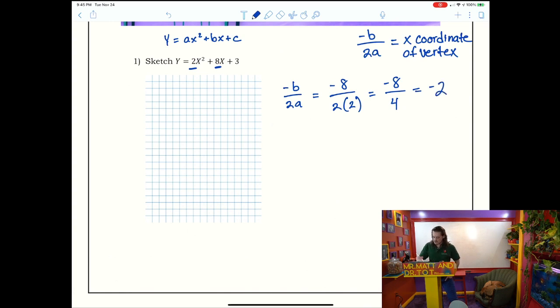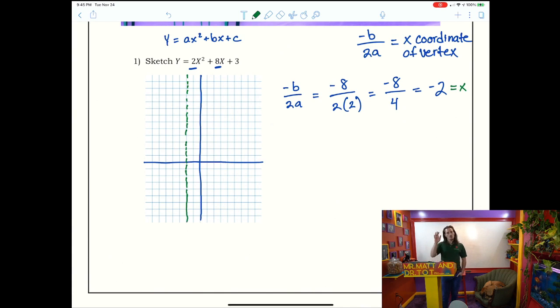So if I go ahead and draw in an x and a y axis here, what this is telling me is that x is equal to negative 2 is the axis of symmetry, of which the whole parabola will be symmetrical around, or will mirror around.